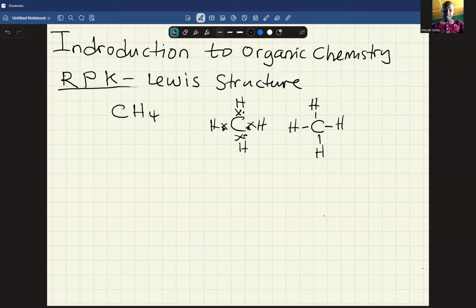Okay. And also we can write this as follows. So now in grade 12, we're only going to concentrate on this way. All right. And whenever we have carbon-hydrogen bonds, we call these compounds organic compounds.